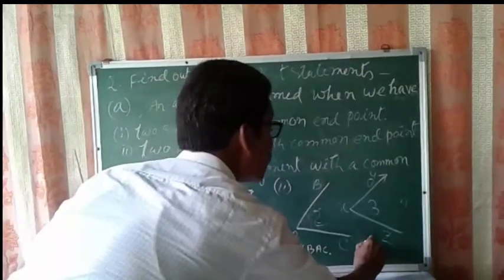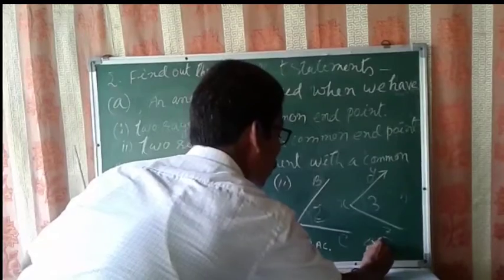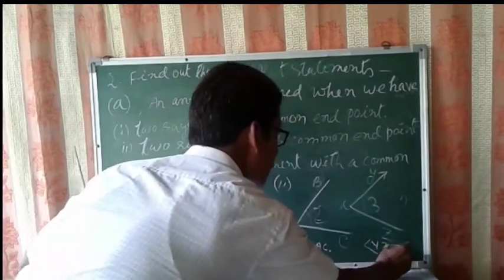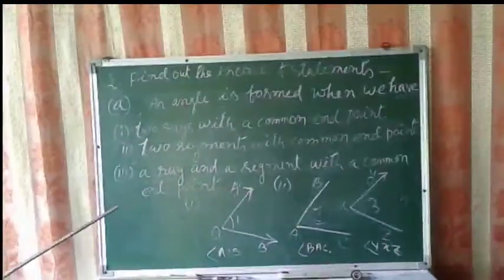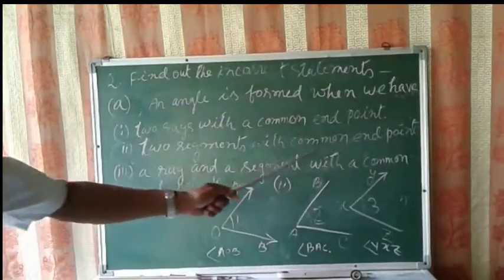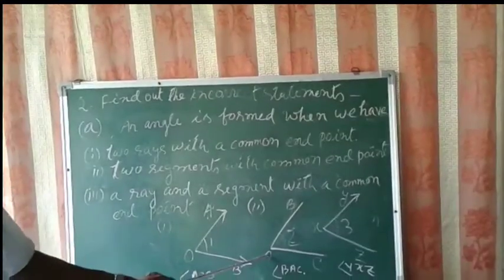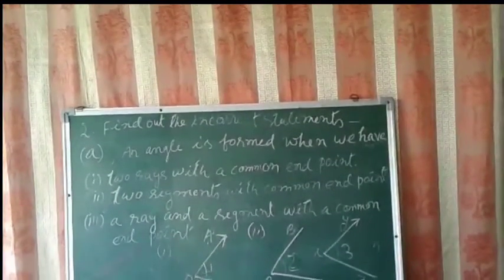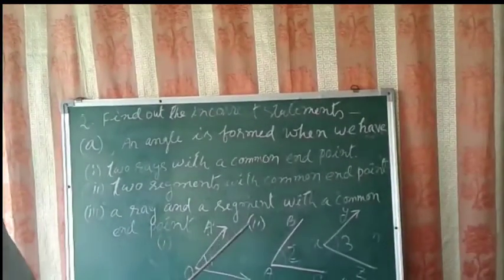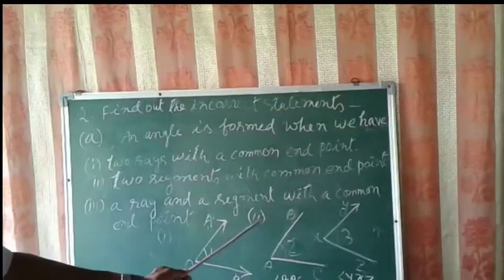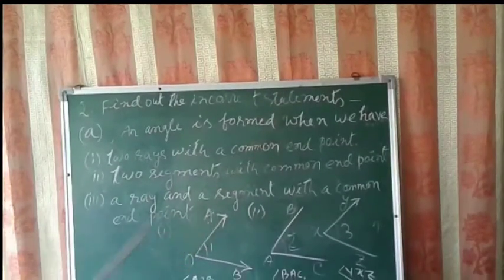This angle is YXZ. So two segments with a common endpoint, AB and AC. The common endpoint is A. Therefore, statement 2 is also correct.